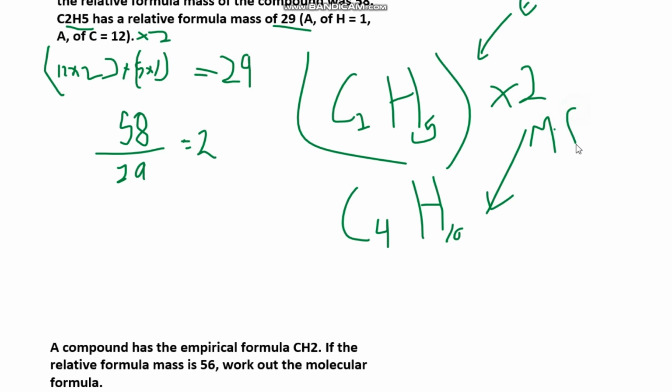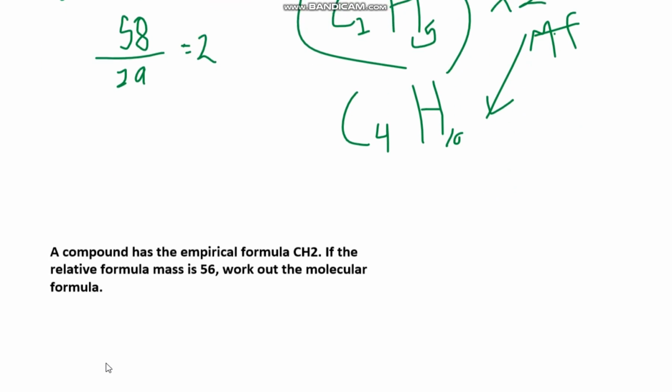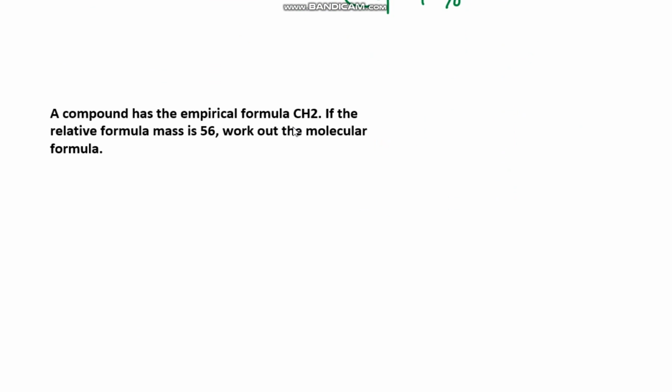So this was a simple one, and then we have a compound with the empirical formula CH2. If the relative formula mass is 56, work out the molecular formula. So CH2: 12 plus 2 gives you 14. Then 56, the given relative formula mass, over the found one, 14.